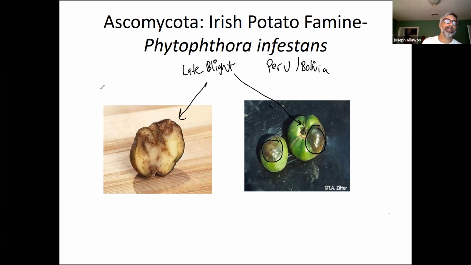And just to give you an idea, prior to the potato, there were about 3 million people living in Ireland. Over the next 100 years, when the potato was introduced, it went to 12 million. And it's said the potato was the direct reason why this happened.